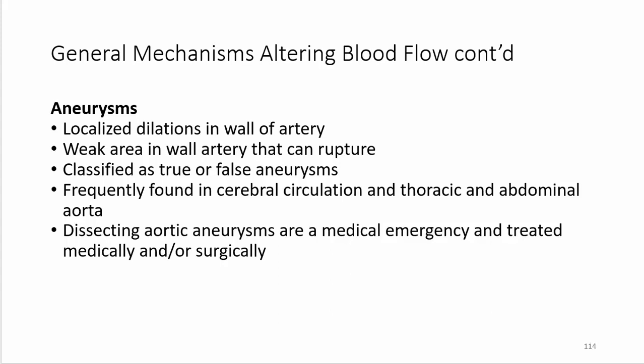I sometimes wonder whether they're more commonly found in cerebral circulation and abdominal aortic situations because those are the life-threatening ones, and those are the ones we look for, and we don't tend to see the ones in the celiac arteries or the superior mesenteric artery or something.